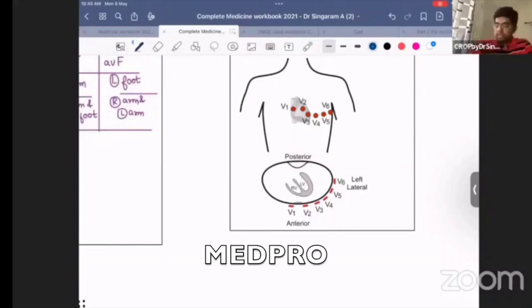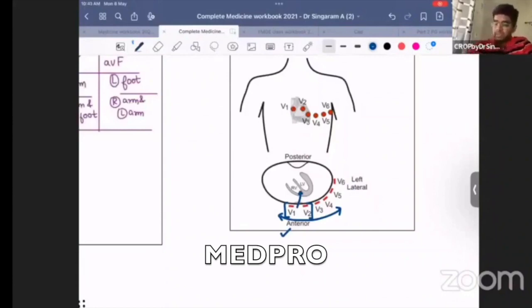Front of the heart and the sides of the heart. If you see V1 to V4, they are looking at the front of the heart only. So that is why they are called anterior chest leads. In fact, V1 and V2 are actually looking at the septum, the interventricular septum.